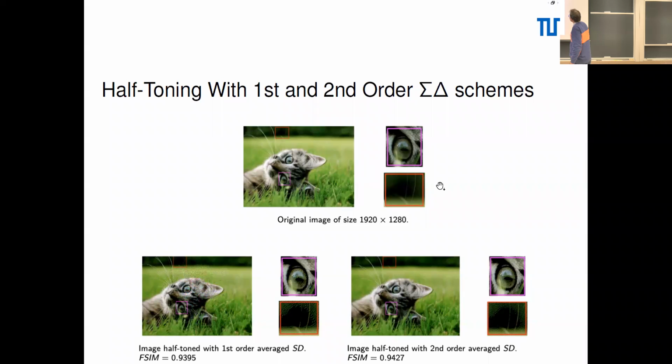I think it's one of the whiskers. And then there's a second one that is very faint. We can see that in the first order sigma delta, you cannot really see it or it's broken, whereas in a second order scheme, it actually shows up. So in terms of capturing fine details, it outperforms the previous methods.